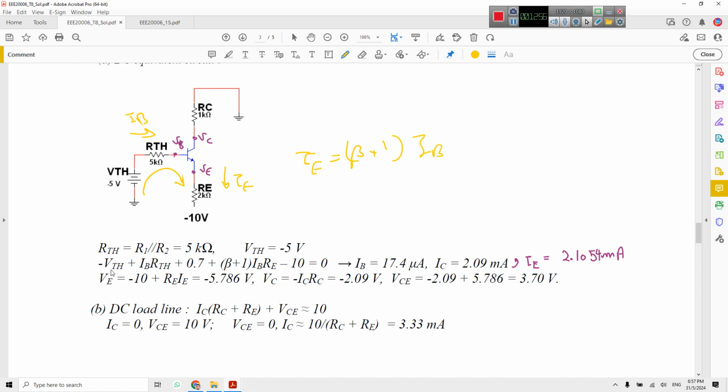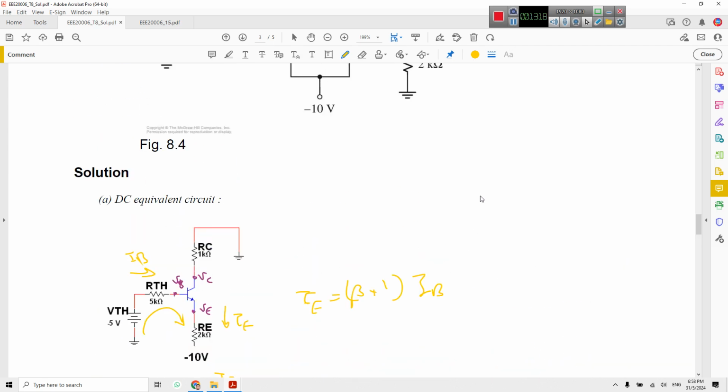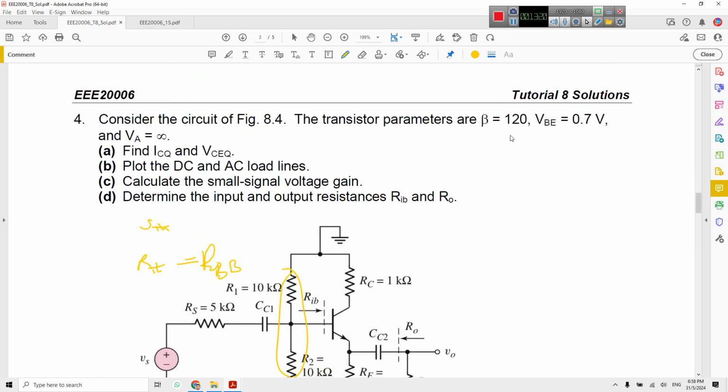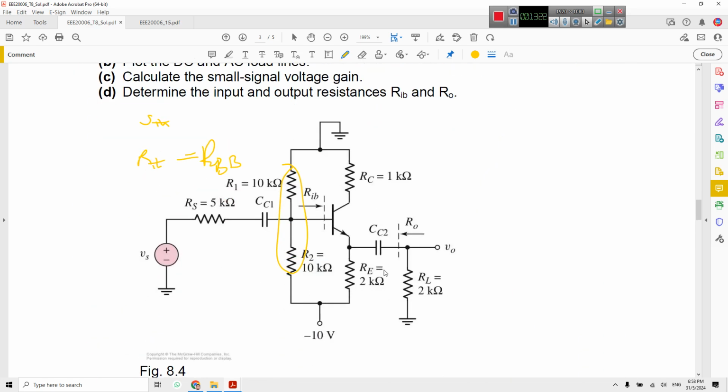Then here you can see minus V Thevenin, R Thevenin IB plus 0.7 from here to here, beta plus 1 IB RE, which is IE, minus 10, which is here, equals 0. So IB, IC and IE can be calculated using this beta of 120.